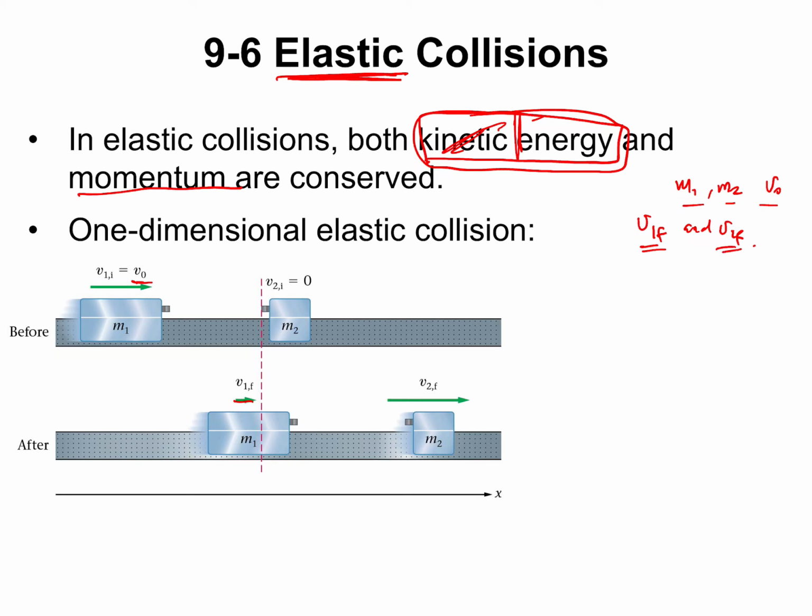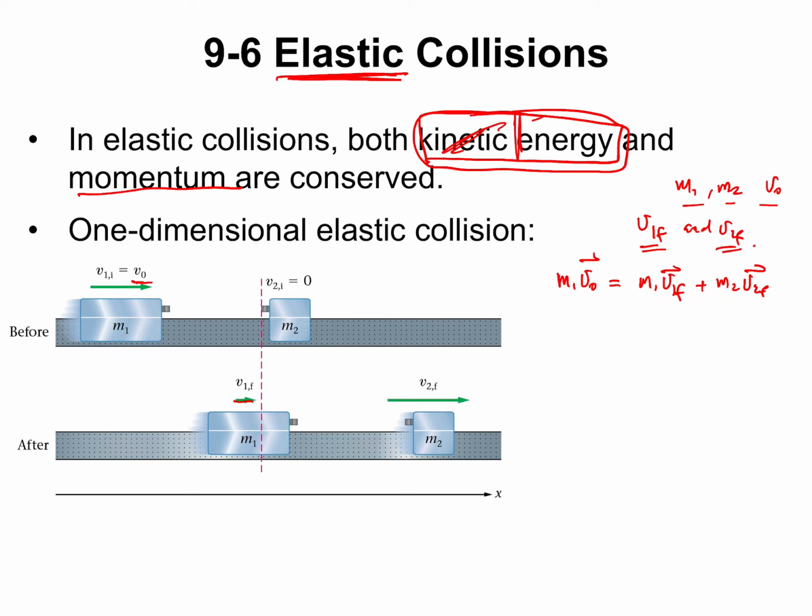Momentum conservation: m1 v0, the total initial momentum, equals m1 v1f plus m2 v2f.